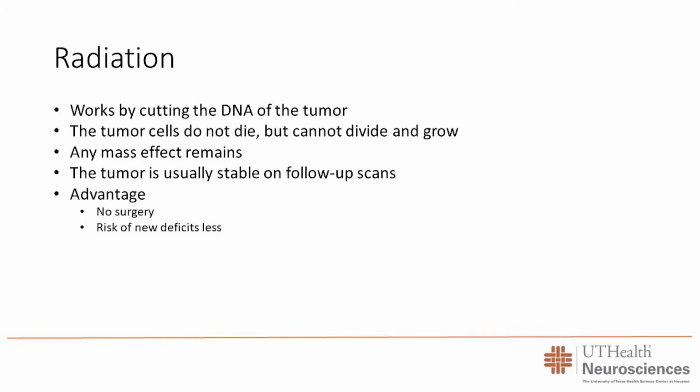What about radiation? Well, radiation works by cutting the DNA of the tumor itself and the surrounding tissue if it gets a significant radiation dose. I told you earlier that these tumors arise as a result of DNA injury, but if you use focused radiation and cut a lot of the DNA in the cells, then the cells cannot divide and grow.